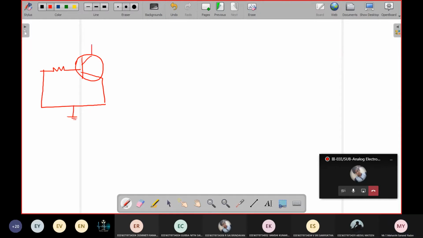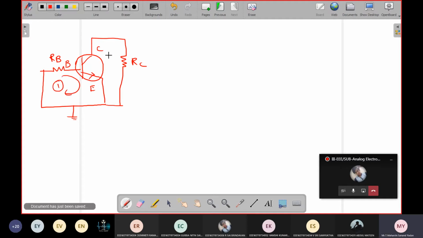Grounded. This is RC, this is RB. This is emitter, base and collector. Tell me KVL in loop number 1.